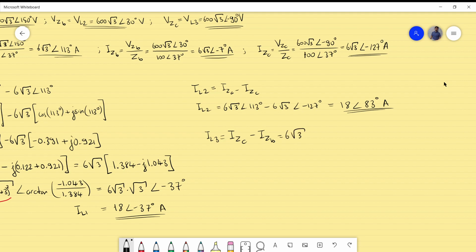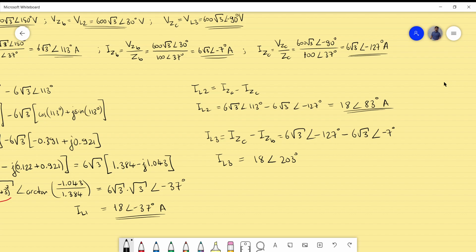6 times the square root of 3 phase of minus 127 degrees minus 6 times the square root of 3 phase of minus 7 degrees. So I will have this, and again using the rectangular and polar representation transformation from one to the other form, you will have IL3 equal to 18 phase 203 degrees.